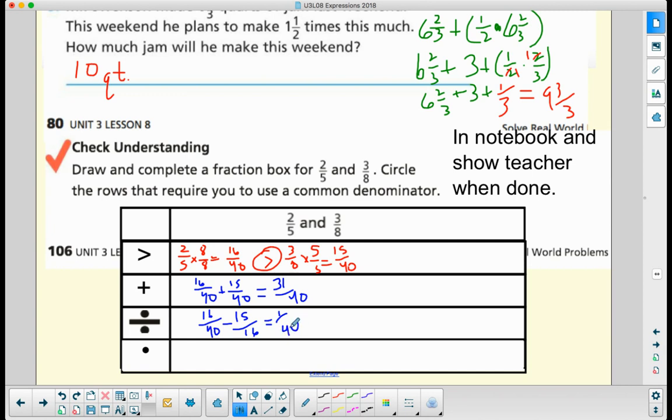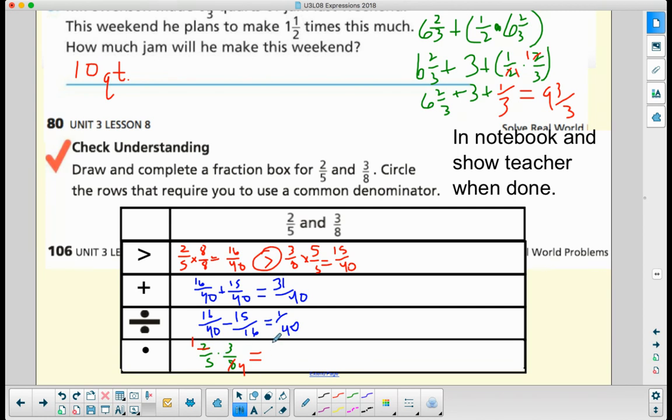Multiplying, I don't need to use the common denominators. I can use the simplified versions. So I can have 2/5 multiplied by 3/8. I notice here that 2 and 8 have the same factor 2. There's 1 2 in 2. There's 4 2s in 8.